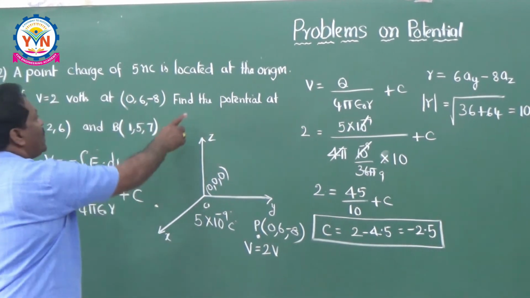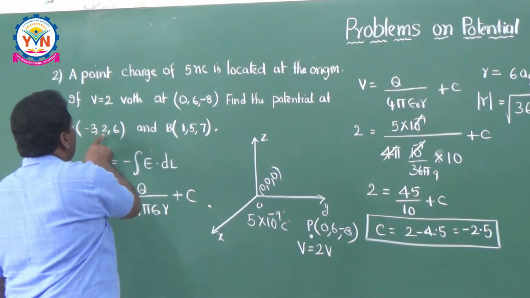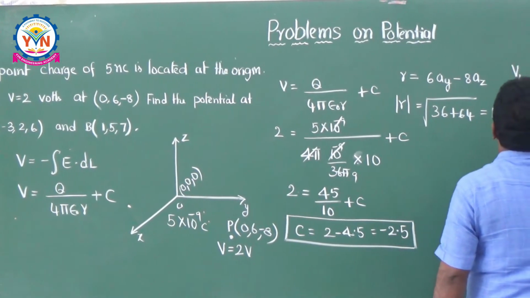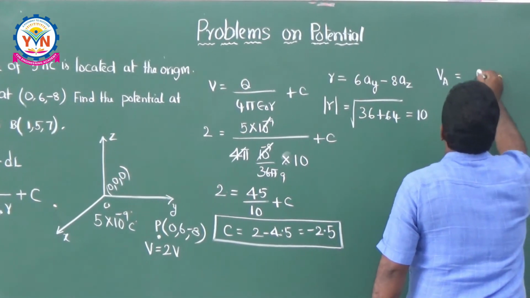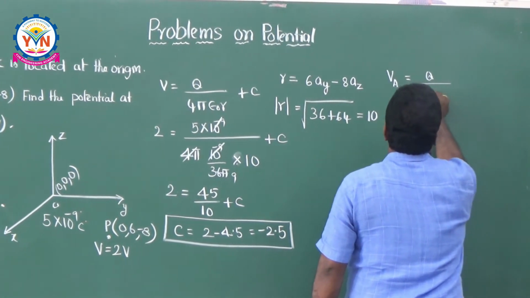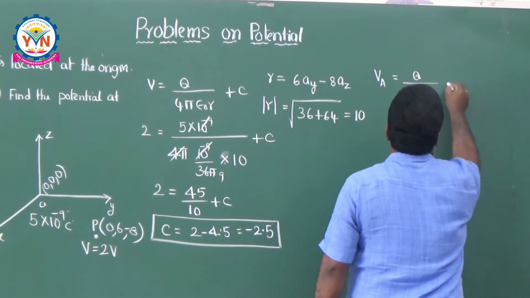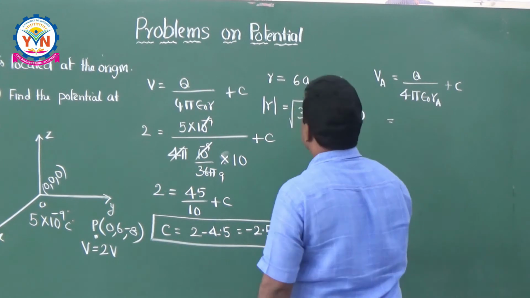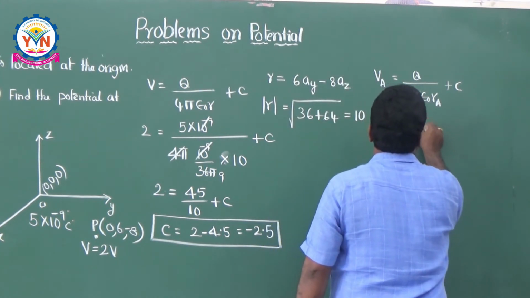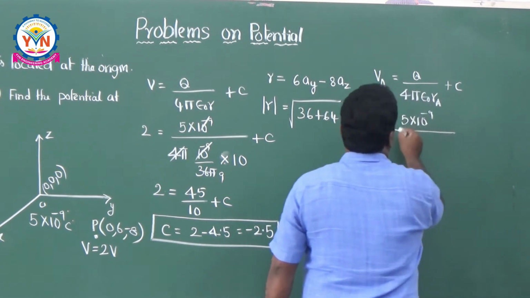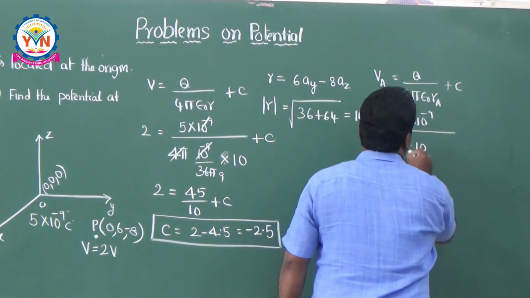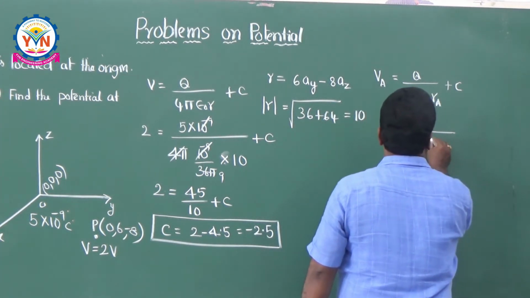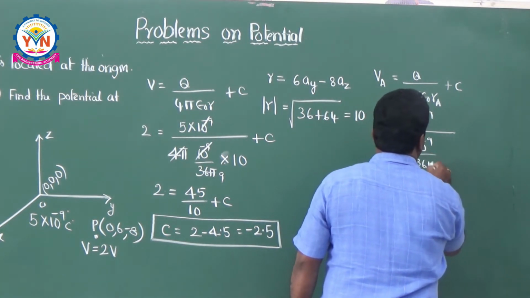Now, what is the potential at the point A, (-3, 2, 6)? Very simple. Potential at the point A, VA, is equal to Q divided by 4 pi epsilon naught into RA, the distance between this and this, plus some constant here. What is the charge here? 5 into 10 to the power of minus 9 coulombs divided by 4 pi into epsilon naught, that is 10 to the power of minus 9 by 36 pi, into RA.